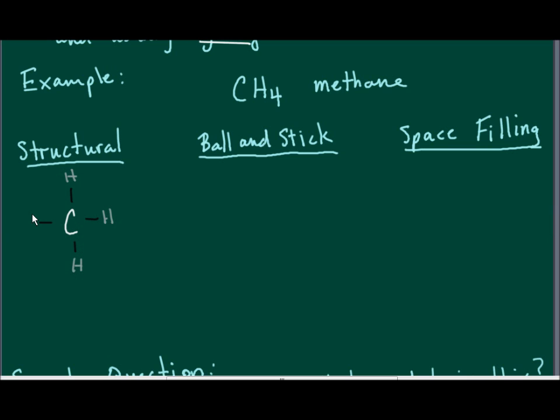So it's like a Lewis dot drawing. Remember back in the covalent compounds we drew Lewis dot models? That's basically what the structural model is. The other 2 are a little more graphic, so you don't get the letters. You have to interpret what they look like based on these drawings.